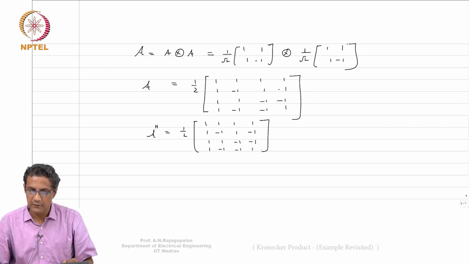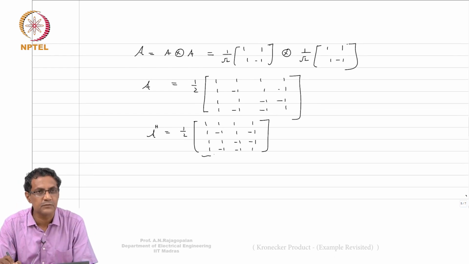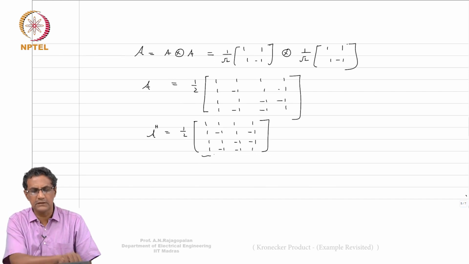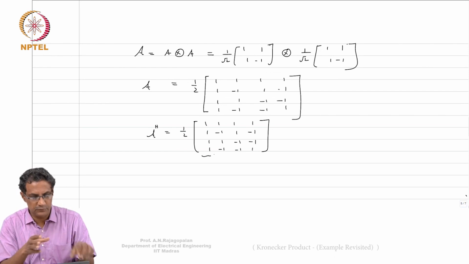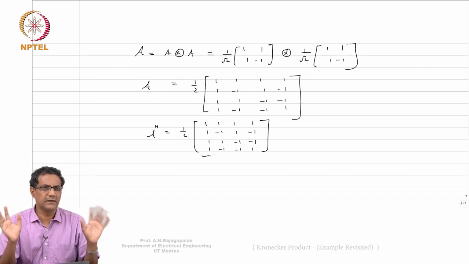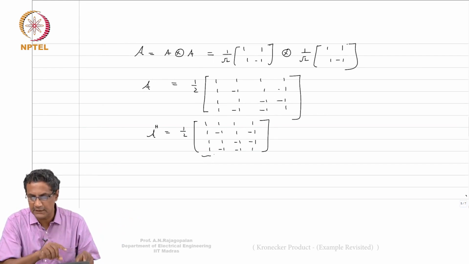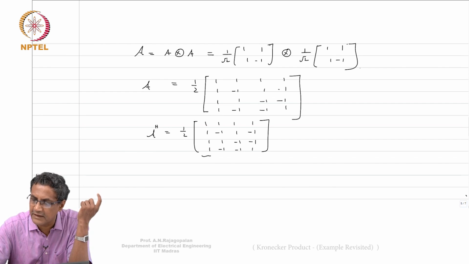Now if you see the first column of this A Hermitian, this is independent of the image itself, because you have a basis now. What we are talking about is a data independent transform, independent of whatever you have. So check your first basis image, A star 0 0.